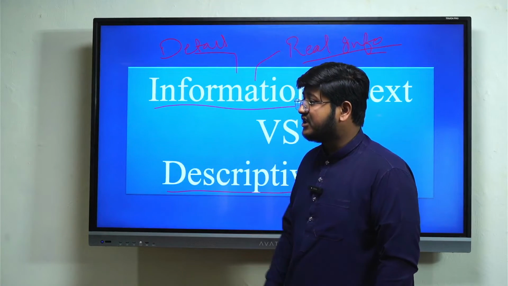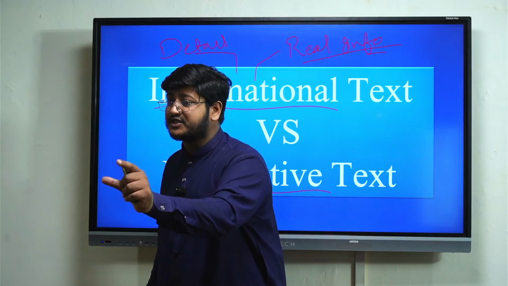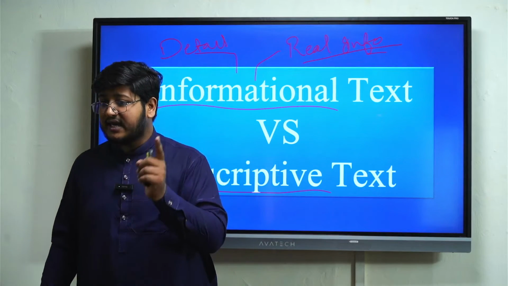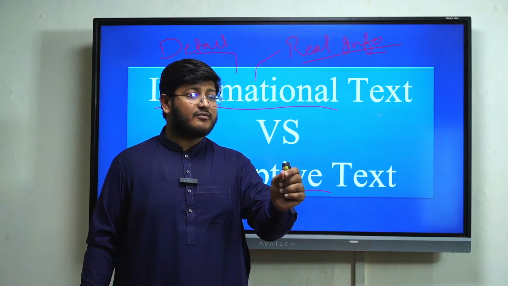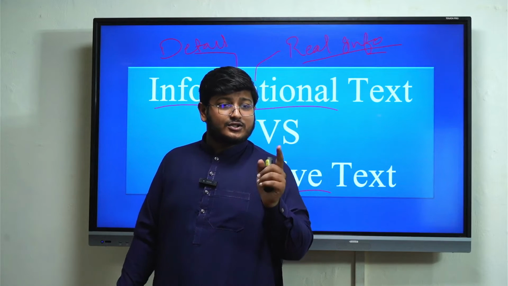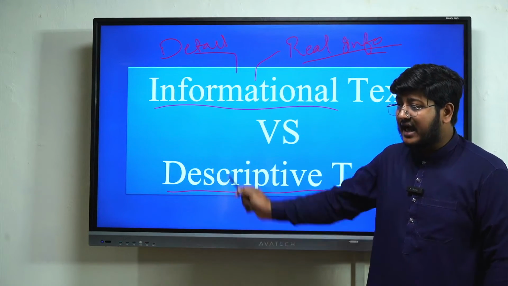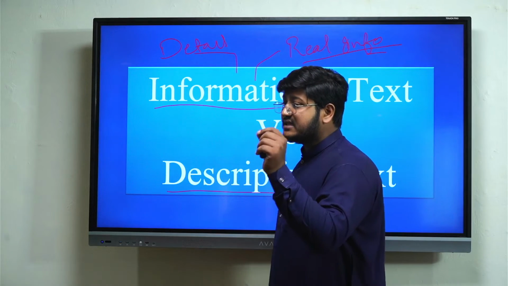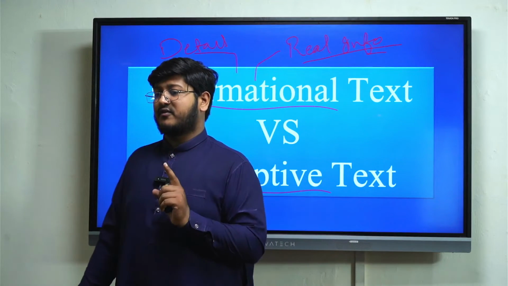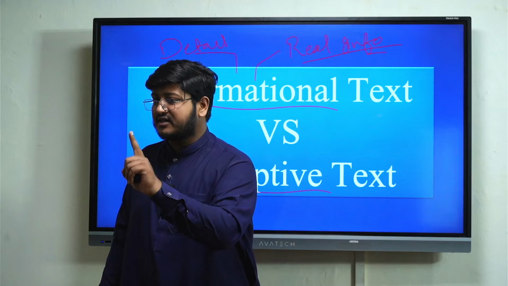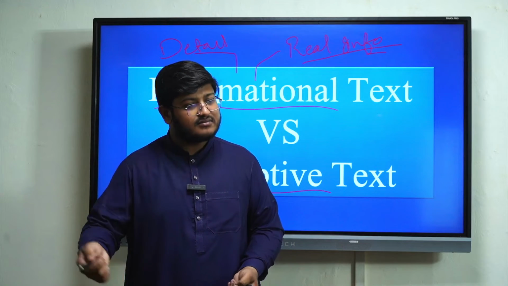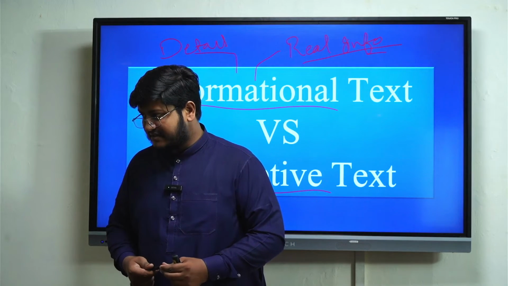That is informational, because it is specific information. When I say specific or detailed information, I mean it. Informational text is that text which provides detailed, specific information about one central idea. And what was the central idea? The chair.